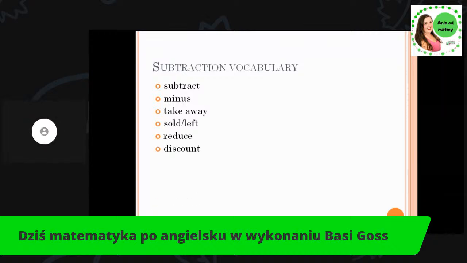Discount. Ago. That means something happened in the past. Decrease. Something is getting smaller. Fewer and less.